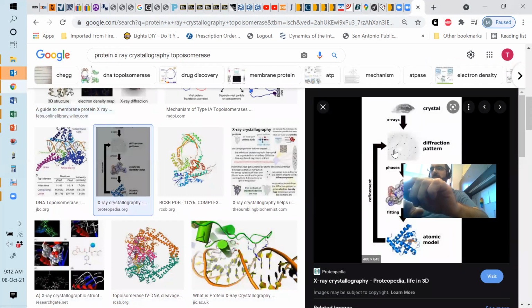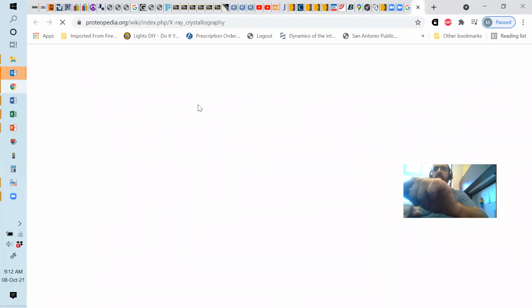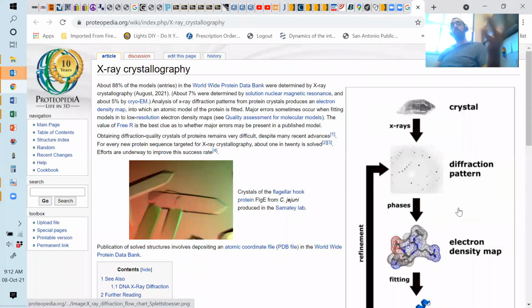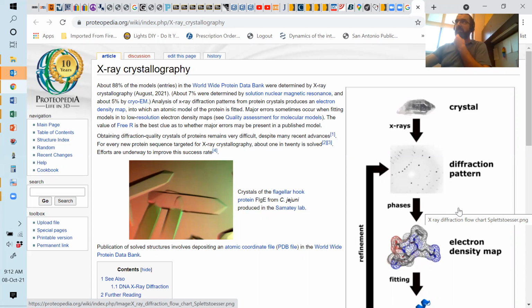There you go. This is a nice kind of image of the process. So you make a crystal of the purified protein. That's why doing membrane-bound proteins is really, really hard, because you have to crystallize them with membrane present as well.